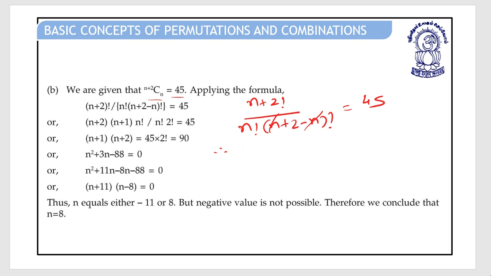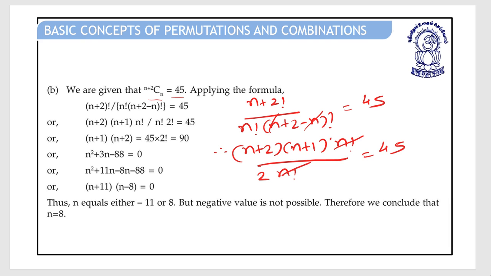So n plus 2 n plus 1 into n factorial and 2 factorial, because 2 factorial it becomes 2, is equal to 45. n factorial cancel. So n plus 2 into n plus 1, 45 into 2, 90.